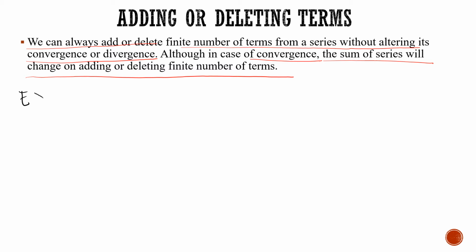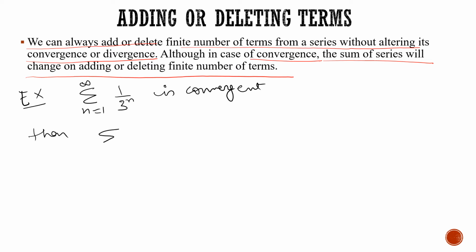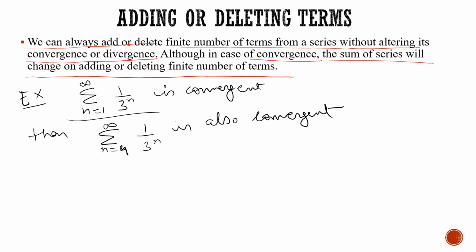Suppose I have this series. Now this series is convergent. You know, this is a convergent geometric series, and then I can also say that this one, starting from 4, is also convergent, because I removed the first, second and third terms from this series.